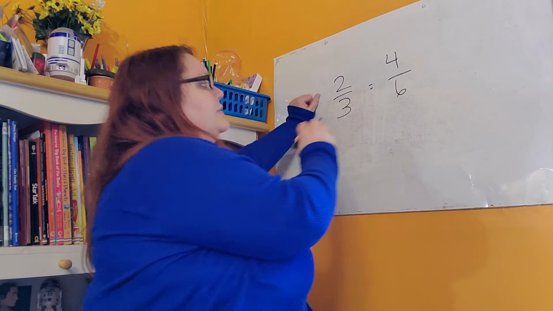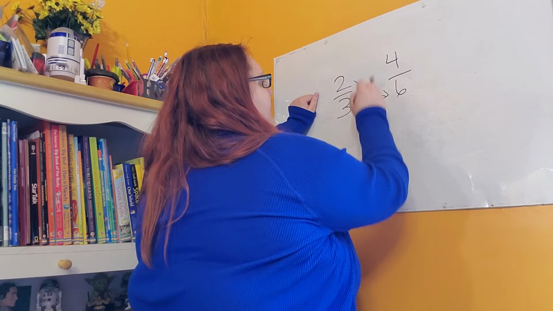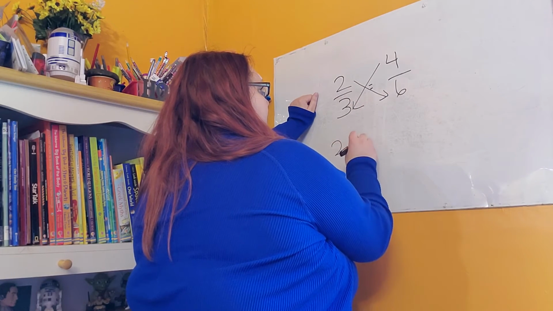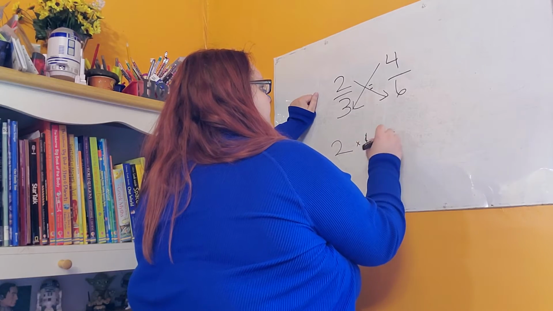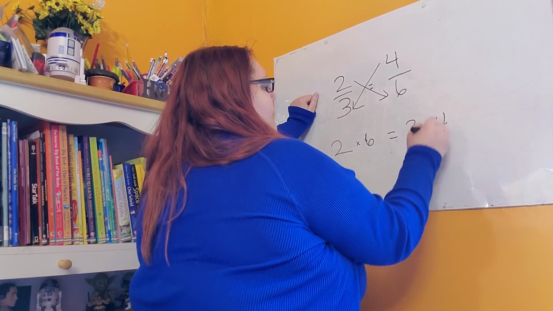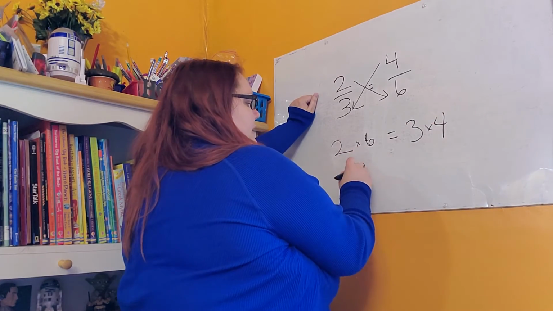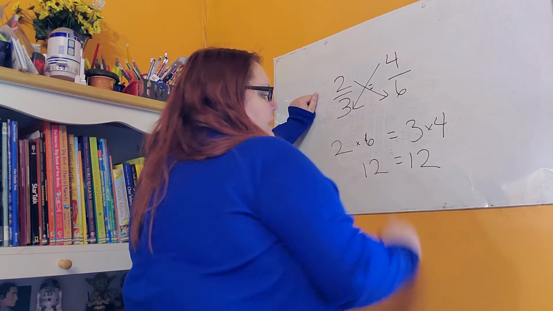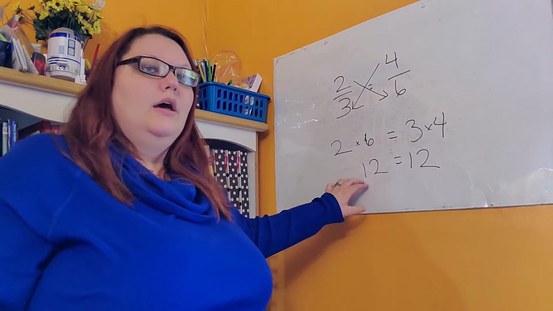We're going to do the cross multiplication and see if we're right. So that would be 2 times 6 equals 3 times 4, right? So 2 times 6 is 12. And 3 times 4 is also 12. So those are definitely equivalent.